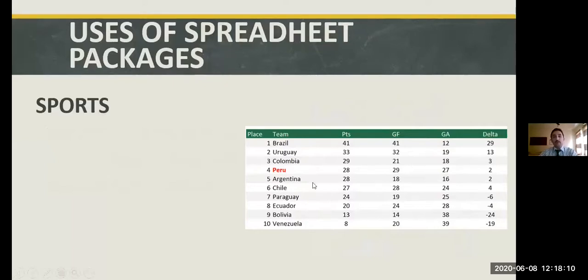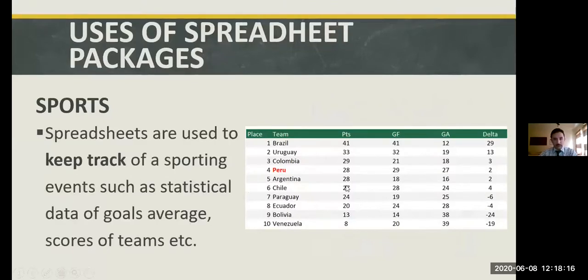For example, this is, I think, some continental, like Argentina, Brazil. It's used for sport events, we said, and keeps track of sporting events, like statistics, as you see, like average, how many goals they scored, and most of the men and boys, they know that they are following their team.